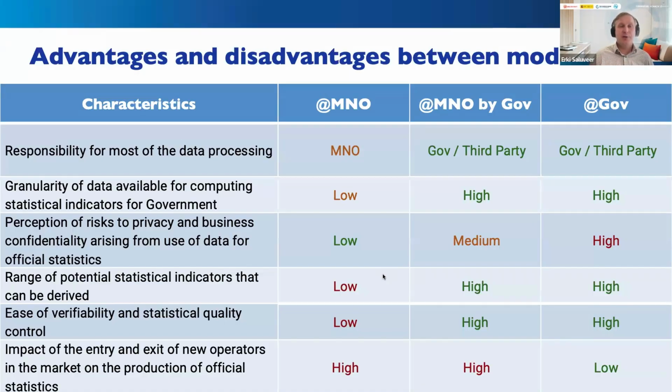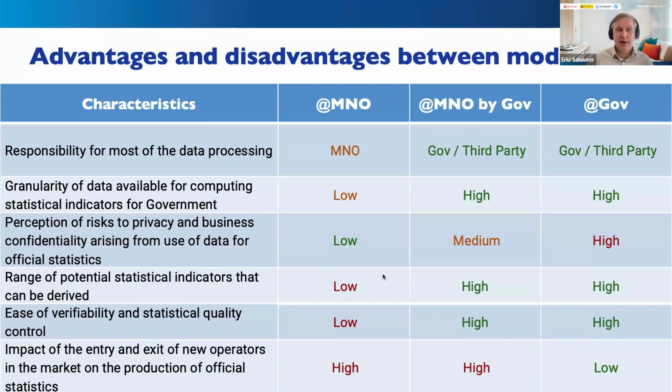The granularity of the data usually is much higher when the data is much closer to the government. But the perception of risk to privacy and business confidentiality is much higher when the data is closer to the government. So it's the opposite.